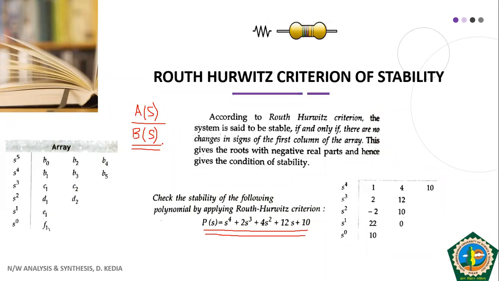So the polynomial that we consider for checking the stability of the system is the denominator polynomial. That is the polynomial that gives us the poles value. So keep this in mind.